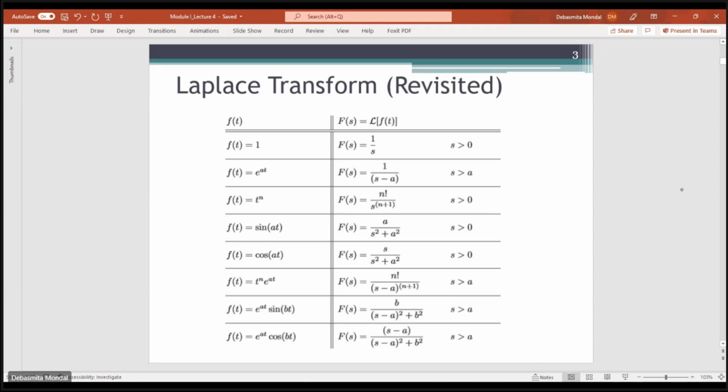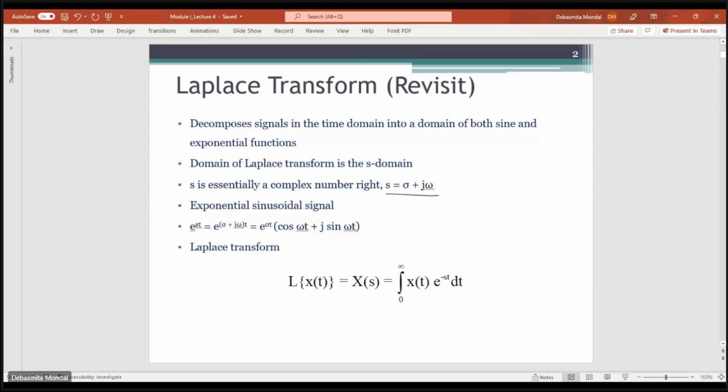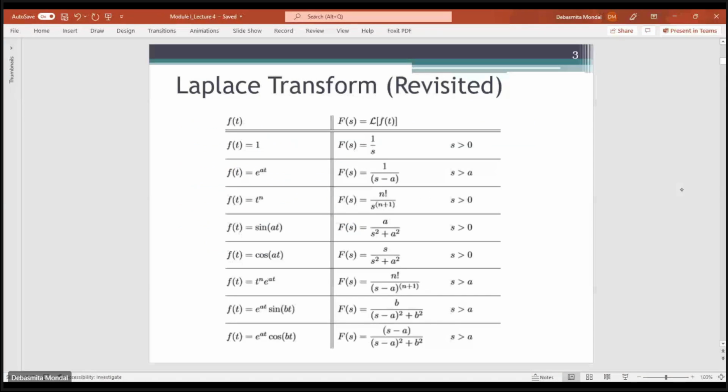These are some of the very basic ones. If you take different functions, where x(t) is my function, if x(t) is equal to, let's say, 1, then your Laplace transform will be equal to 1 by s. Similarly, if x(t) is equal to e to the power at, then the corresponding Laplace transform is 1 by s minus a, and so on.